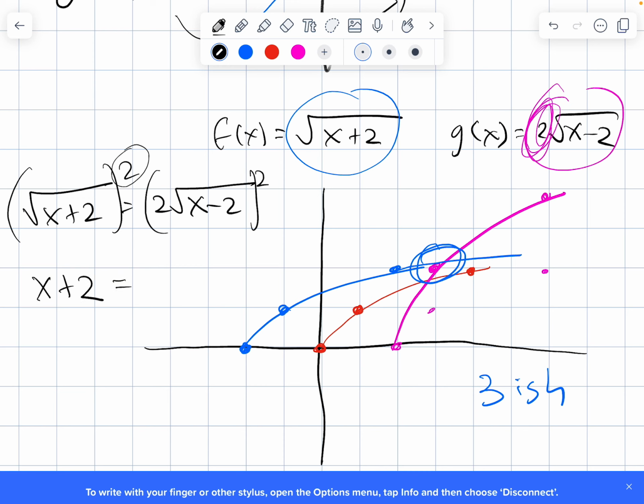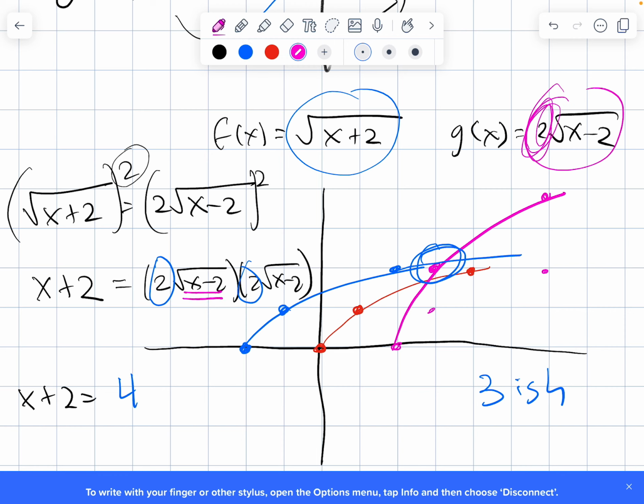And on the other side, it might be helpful to write this out the long way so we can really see what we're doing. When we write it out that way, we can see that x plus 2 equals this 2 and this 2 become a 4. And the square root of x minus 2 times the square root of x minus 2 is just going to turn into x minus 2.